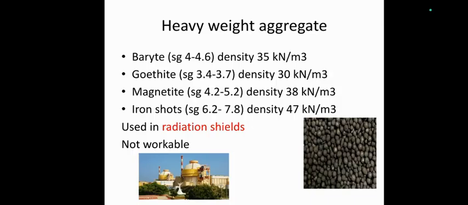In those cases we can go for heavyweight aggregate. Barite, goethite, magnetite and iron ore are also used, where the density is very much higher and the strength will also be more. Since it is of high weight, it won't provide good workability, but the radiation can be prevented.